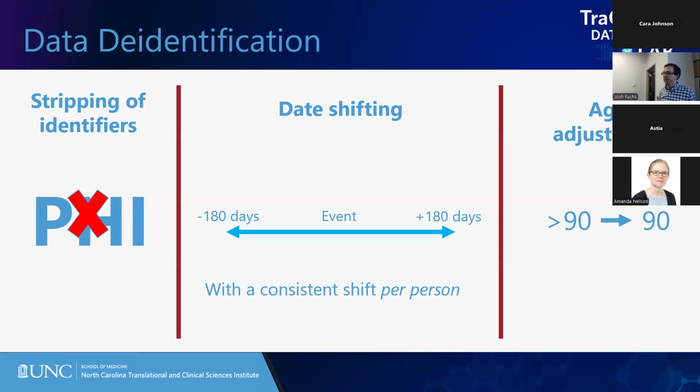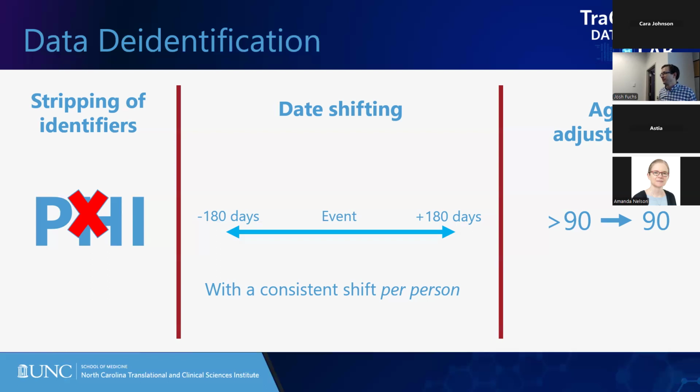It's been a while since I worked with jittered dates, but we use plus or minus 30. Is there some proof that 180 is better? I don't know that we have a lot of it. Before I make this statement, I should say my academic area is not de-identification theory and validation, right?